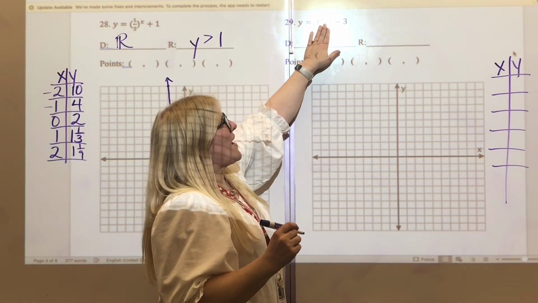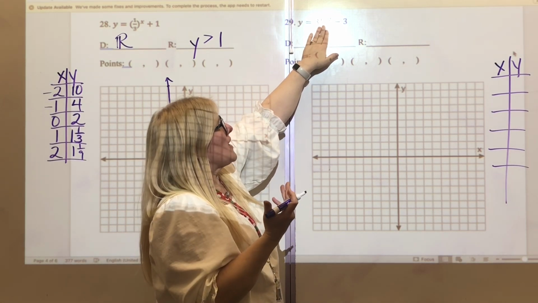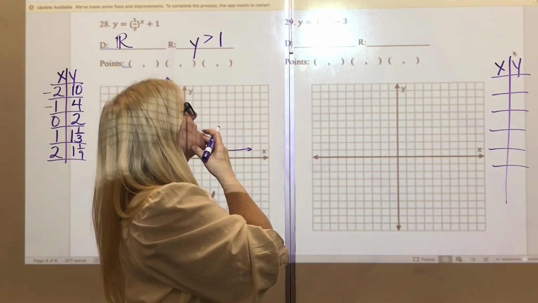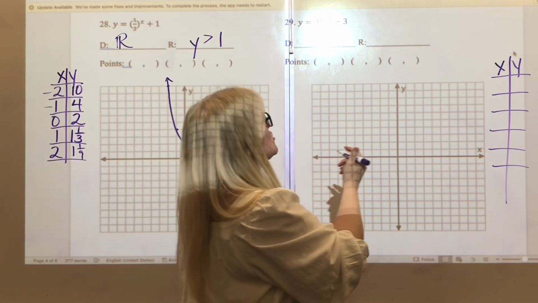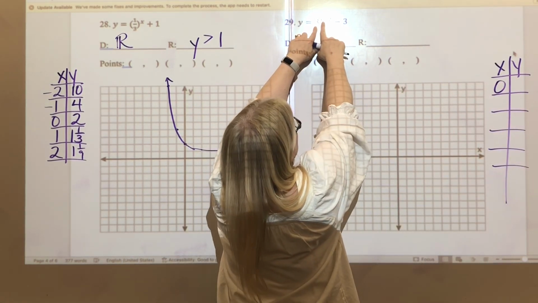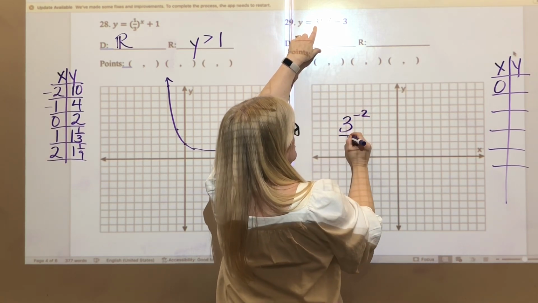All right, so again, x, y. I have x minus 2. I don't want 3 to get too big, so I'm going to start with, let's see, negative 1 would be too big. So let's do a 0, because that would give me 3 to the negative 2.